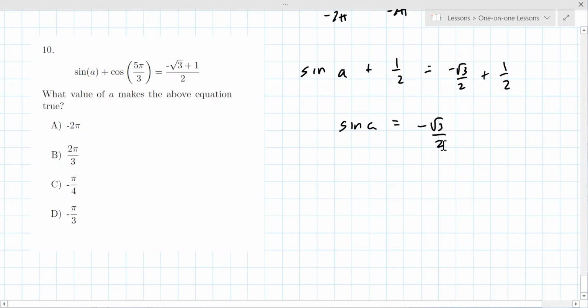Let me find where negative root 3 over 2 is the sine. It's at 4 pi over 3 and 5 pi over 3. Are either of those there? No, they're not. So let's subtract 2 pi. Negative pi over 3. So it's D, negative pi over 3.